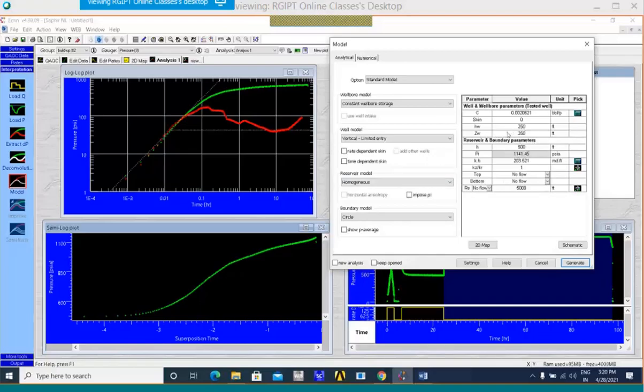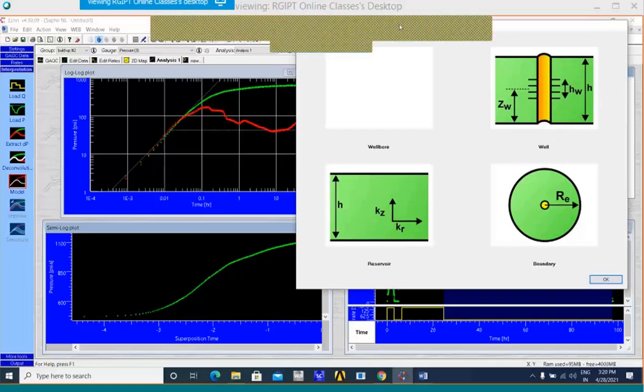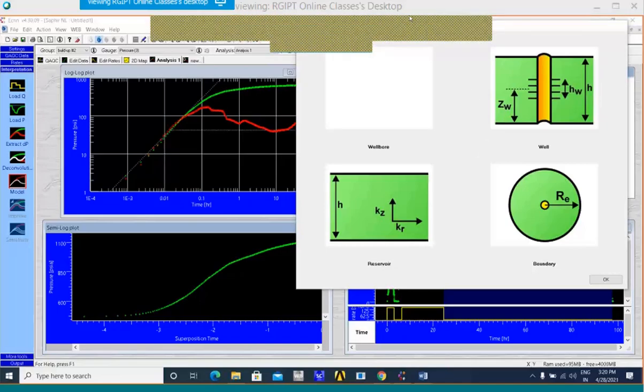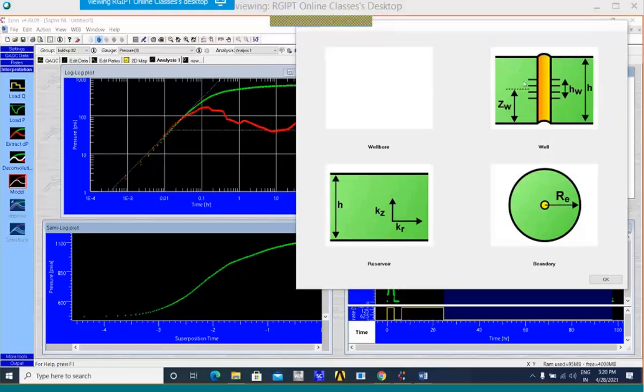And then here also, if I'm considering the limited entry well, then you can see the schematic. Is this schematic visible? In this schematic, I can see HW is here, ZW is here, and H is this.